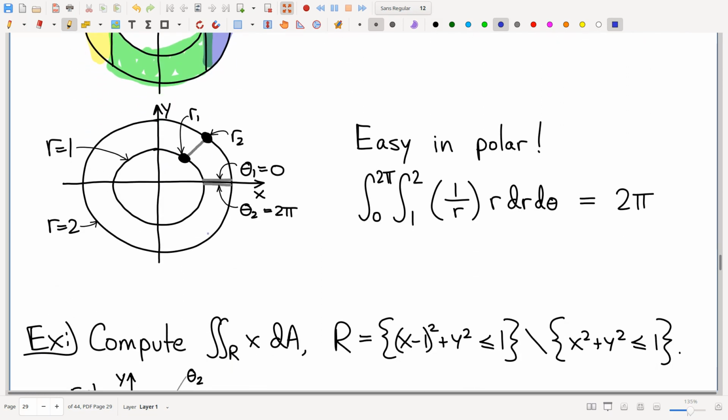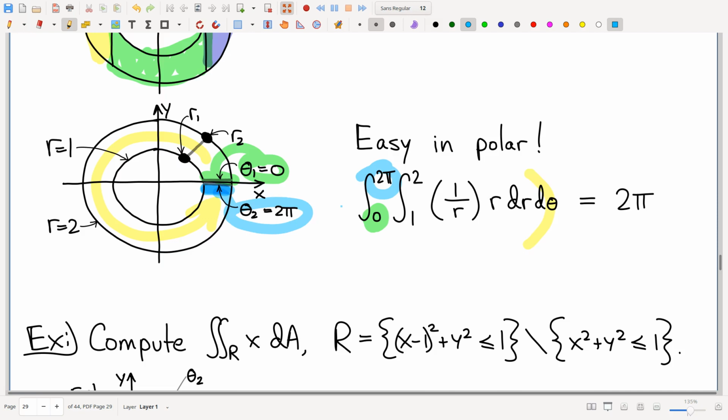There's nothing to it in polar coordinates. If you look at our theta slices, theta starts at 0. Theta then goes all the way around and ends when I get back to where I had started, by which time, of course, we're up to 2 pi.